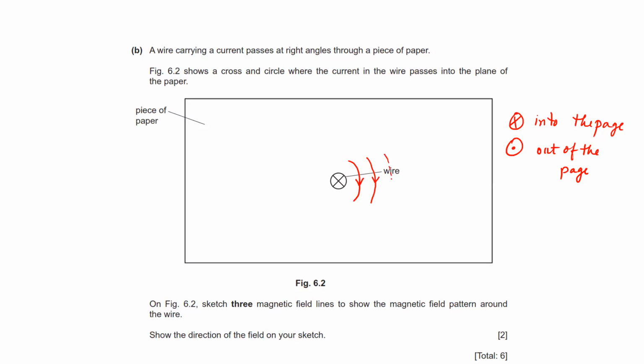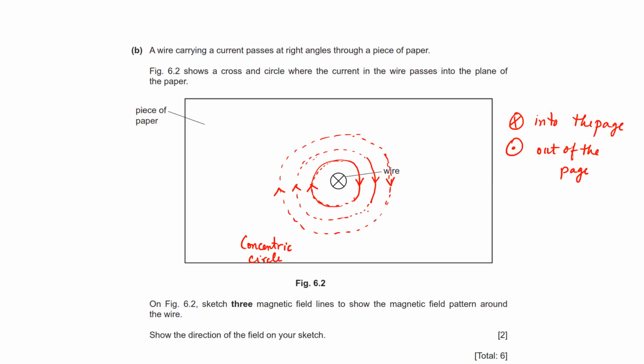So it would be something like this. And I have to show 3 lines, 3 circular and equidistant lines. So I would ask you to pardon my drawing here, but make sure you draw them as equispaced as possible. So something like this, or you can call it concentric circles.